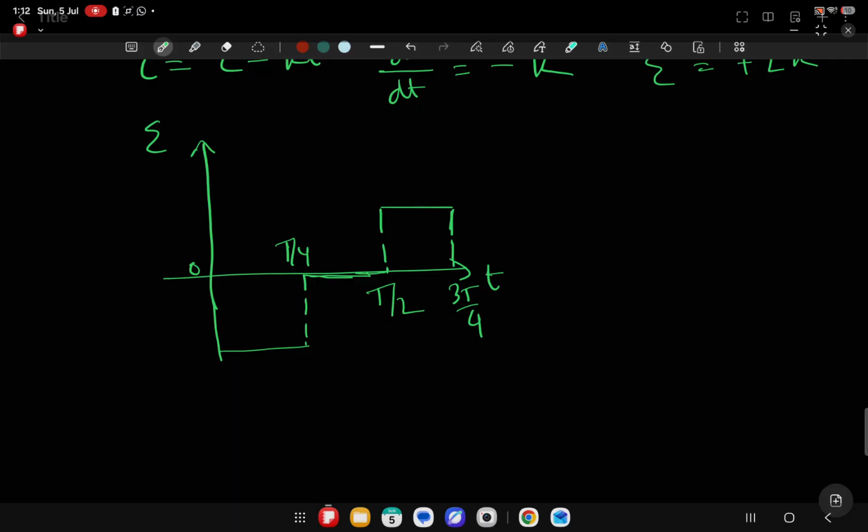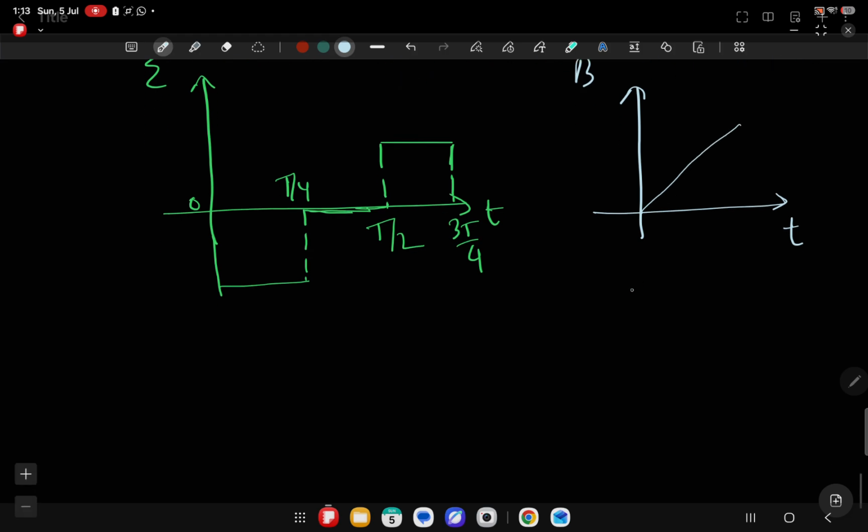A similar thing they can give you with a magnetic field versus time, B-t graph. Here also B is kt, so dB by dt is k.